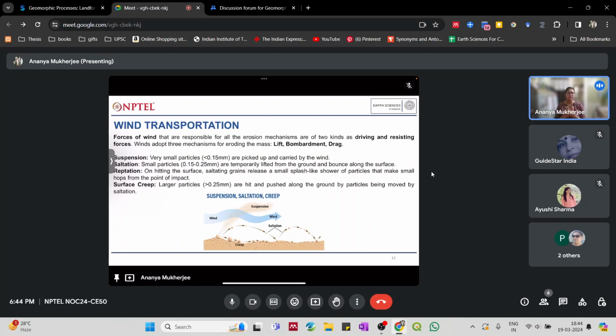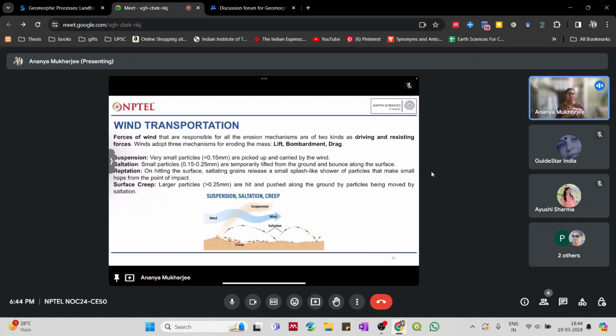Now we will see how the sediments are transported by the wind. During erosion, we saw that some rock fragments and fine grained sediments are carried off, but the power of the wind to transport each of these different particle sizes differs.